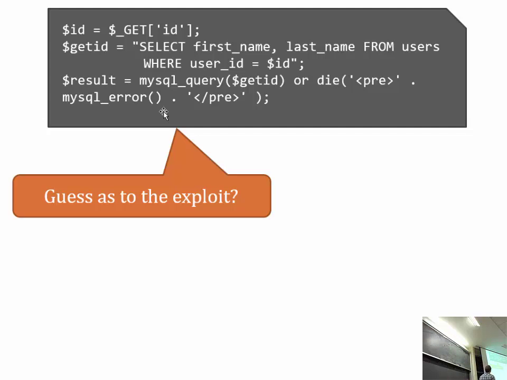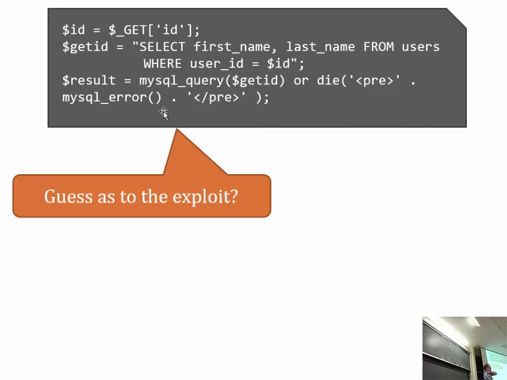So, what do we do? I'll write, or 1 equals 1. So then what's actually going to get issued to the MySQL server is the query: select first name, last name from users where user ID equals ID or 1 equals 1.